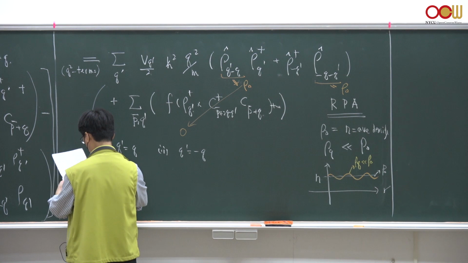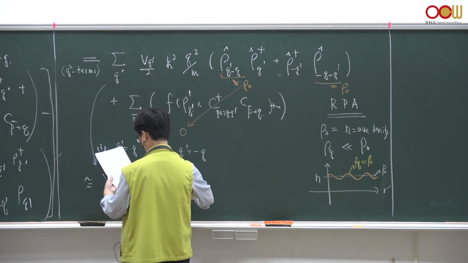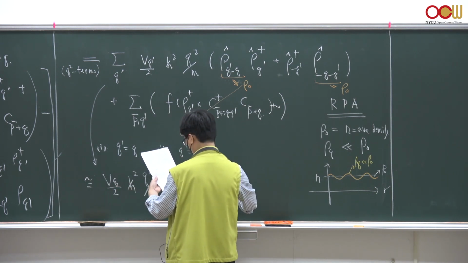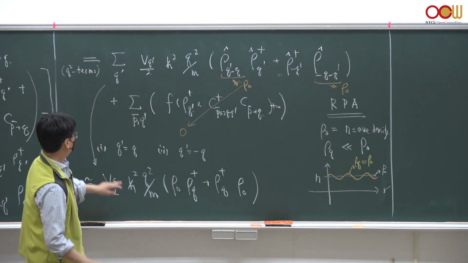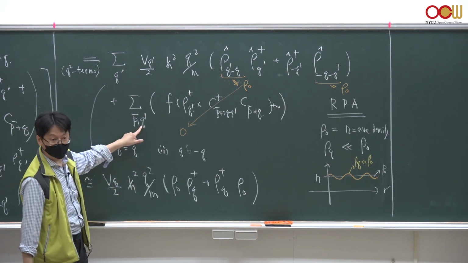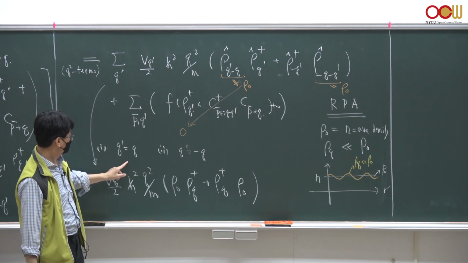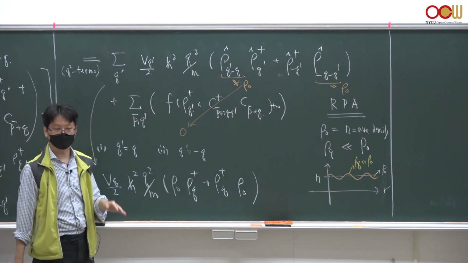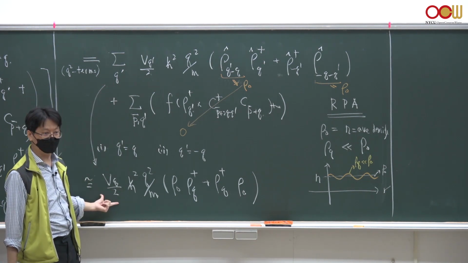Of course, this is an approximation: Q squared over m, rho 0, rho dagger of Q. The second term, rho dagger of Q and rho 0. So by considering these two cases, we sum over Q prime, and we have a contribution only when Q prime is either equal to Q or equal to minus Q. So we get rid of this Q prime summation, and therefore there's no summation here.